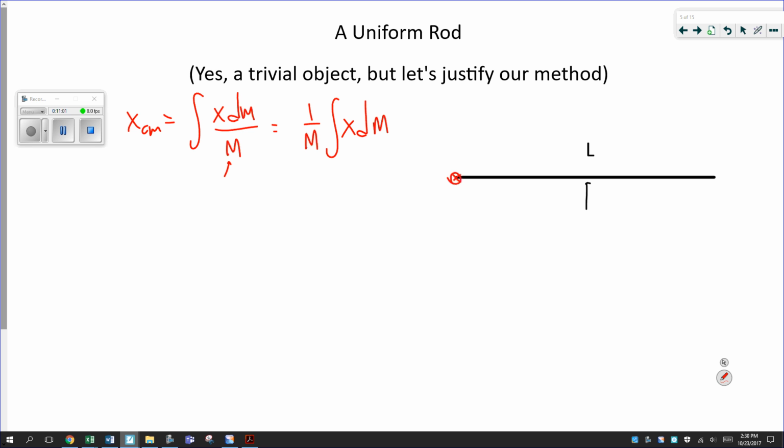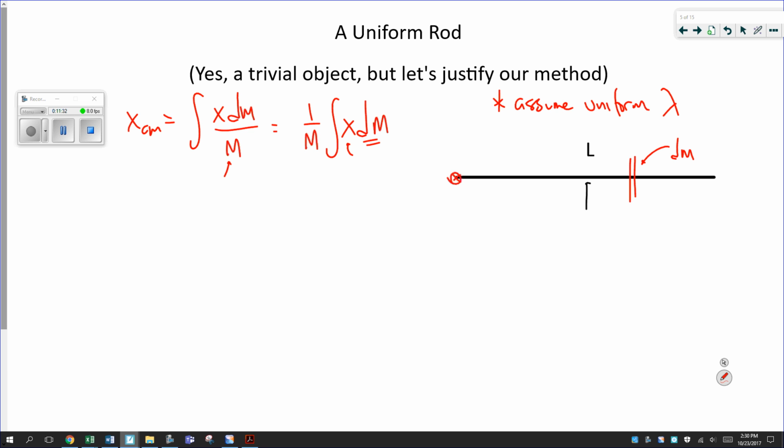Now, let's assume uniform linear mass density. All right, so here's what we've got to do. The position of the center of mass of each object, like here's an elemental object. Here's our little dm.